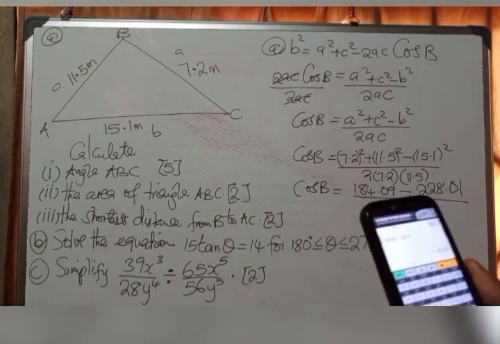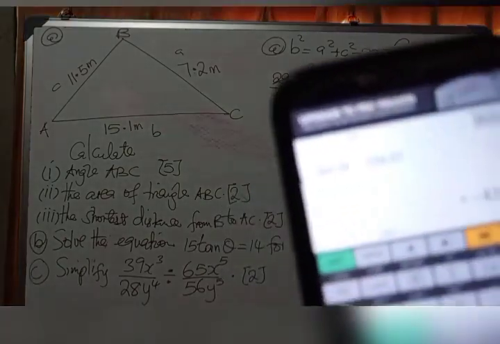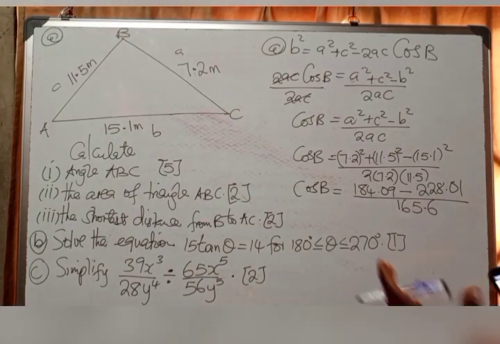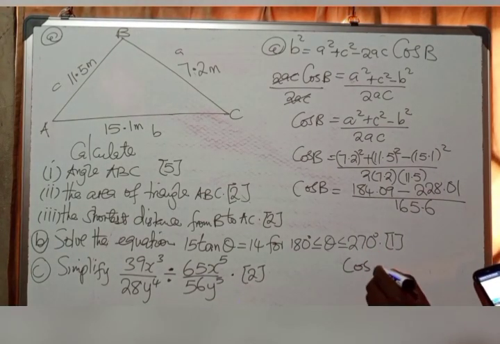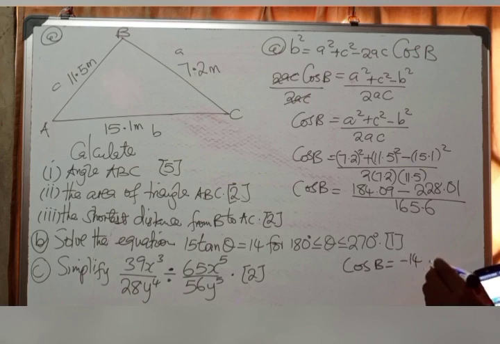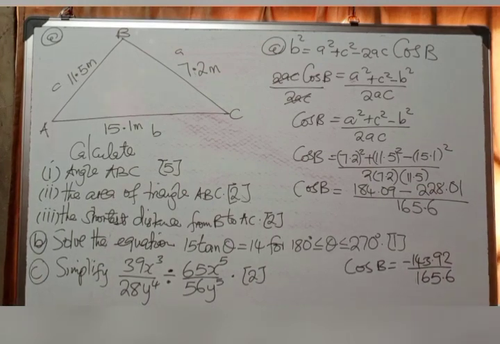So our answer is negative 43. So cos B is equal to negative 143.92, everything divided by 165.6. What do we have there?